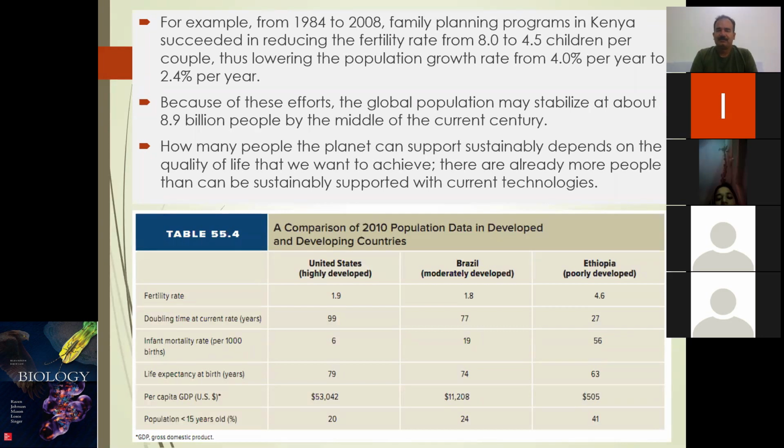And now the population growth rate has reduced to 2.4 per year. And in this regard, the Pakistani government, with the help of the United Nations and other developed countries, also launched several programs to control the human population.